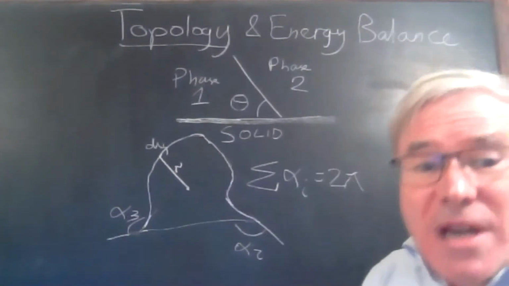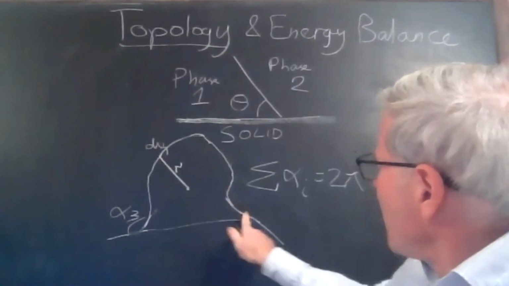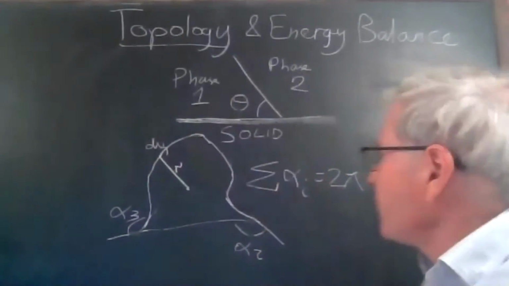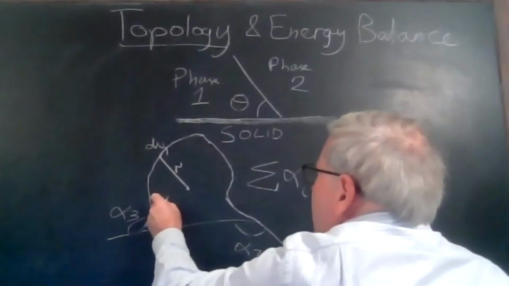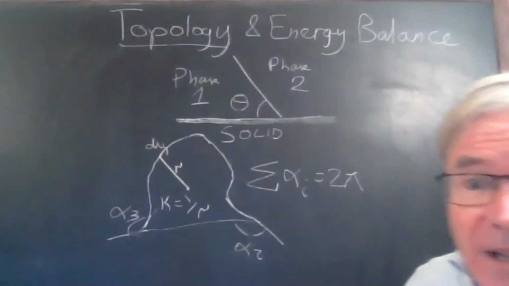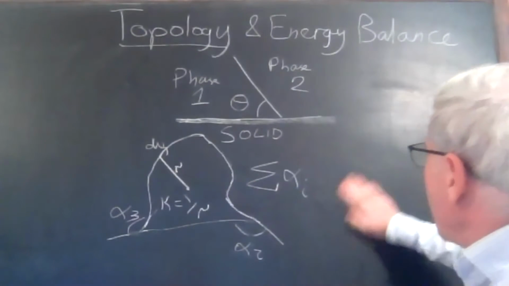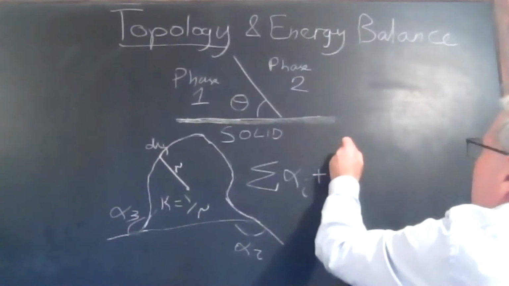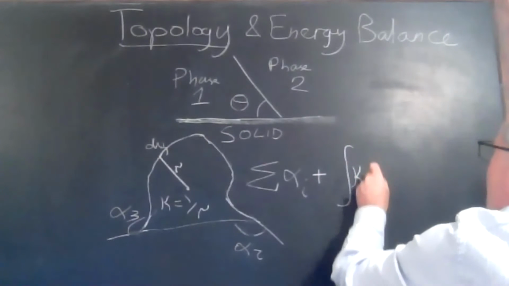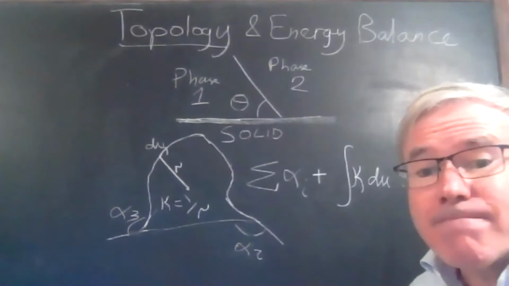And what we know is that if we integrate the angle that we move round plus the sharp changes, again, that moves us round into a circle. So we can define a curvature that's 1 over the radius of curvature. And then we can define here the sum of the angles plus the integral of the curvature as we go round the smooth regions. That equals 2 pi.